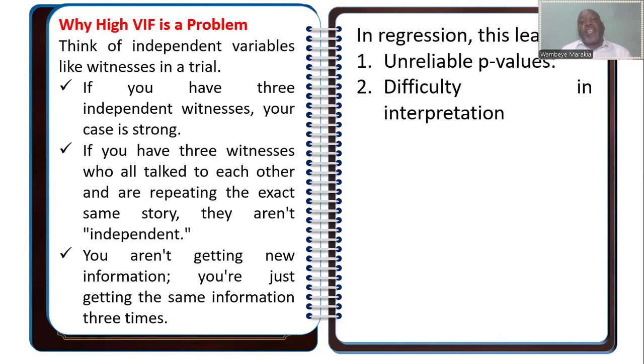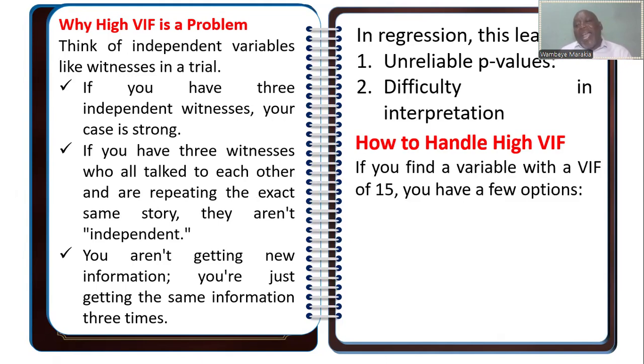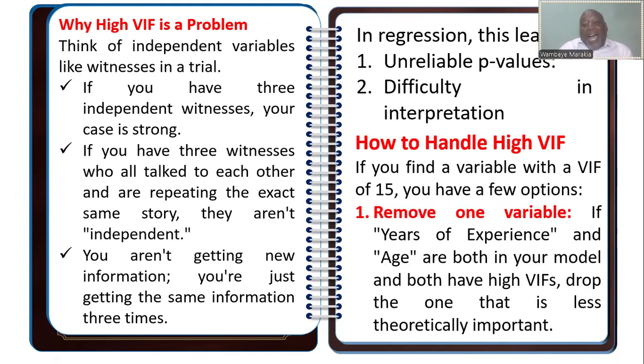It also brings the problem of interpretation. It will be very difficult to interpret the data correctly. Now, how do you handle high variance inflation factors? If you find a variable with a VIF of about 15, what options do you have? 1, remove one variable.